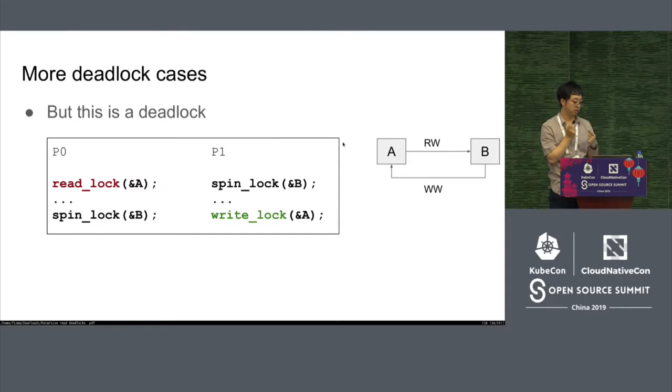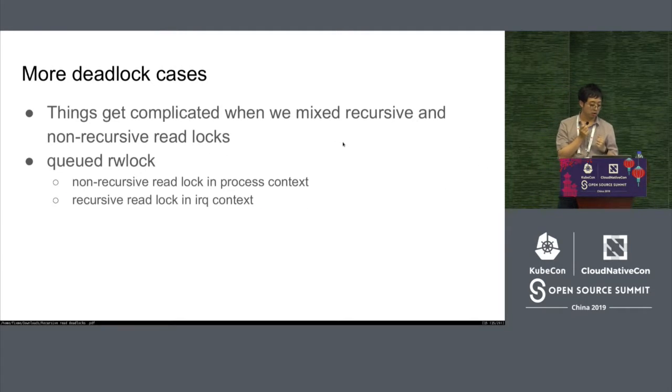This is not the initial lock. B is a write lock, and A is also a write lock, and P1. That's the case. So they have the same struct, but the categories are different. One is a deadlock and the other is not.